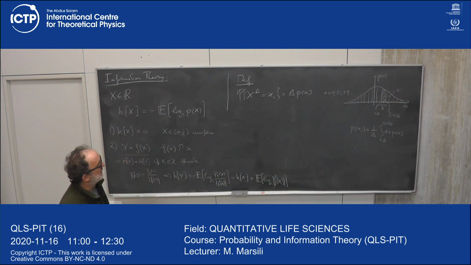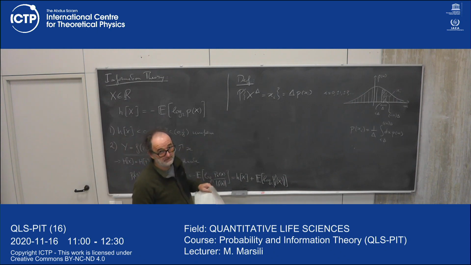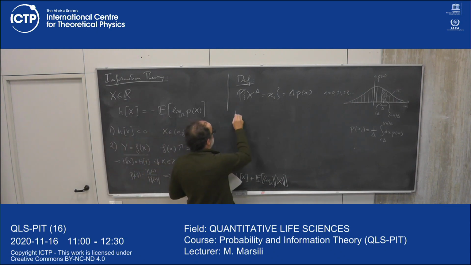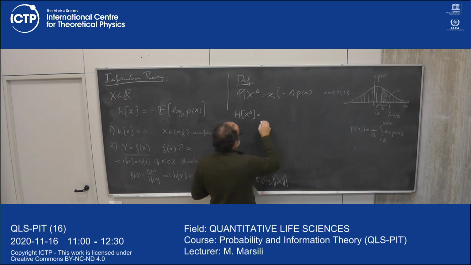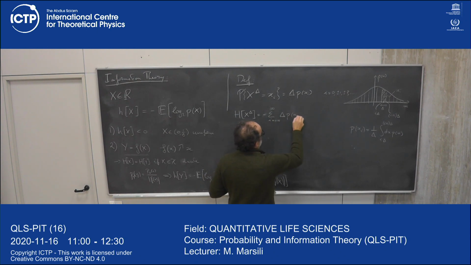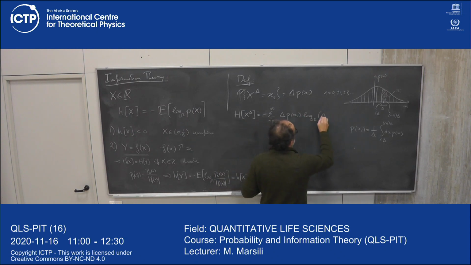Very good. Now this is a discrete random variable, so the entropy of this discrete random variable is well defined, and it's actually minus the sum over i from minus infinity to infinity of this probability P times log base 2 of the same thing, delta times P of xi.